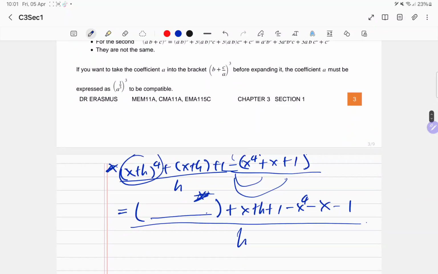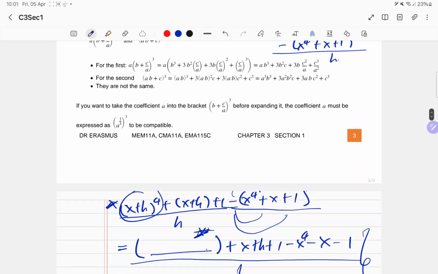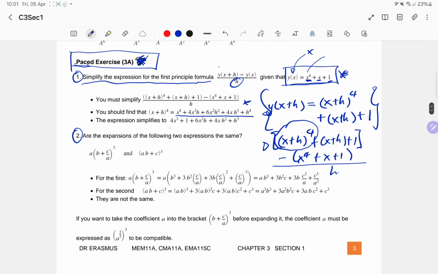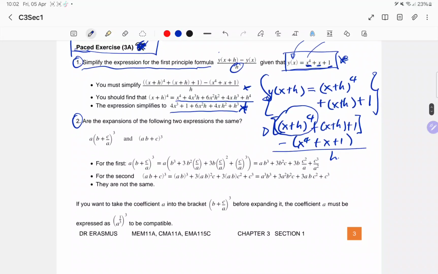Now you have to fully simplify this, and it should reduce to this: 4x cubed plus 1 plus 6x squared times h plus 4x h squared plus h cubed. Easy, okay? So let's move to question 2.